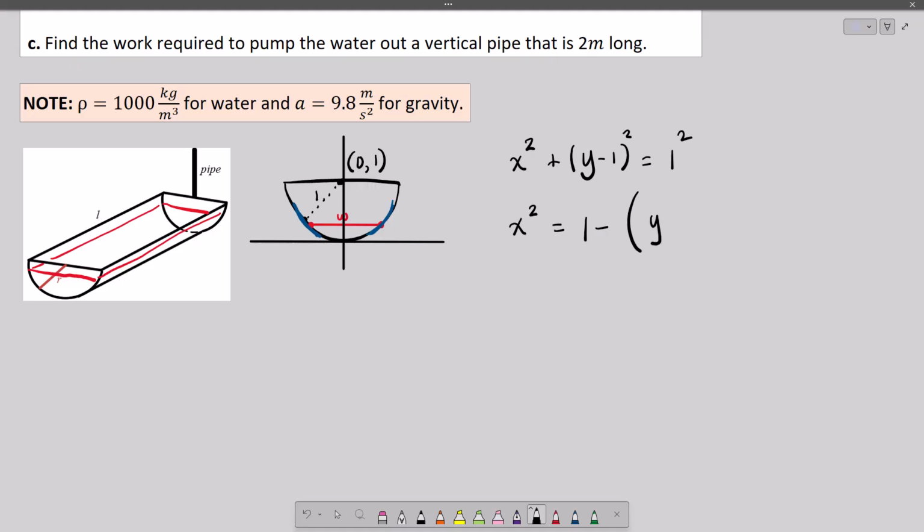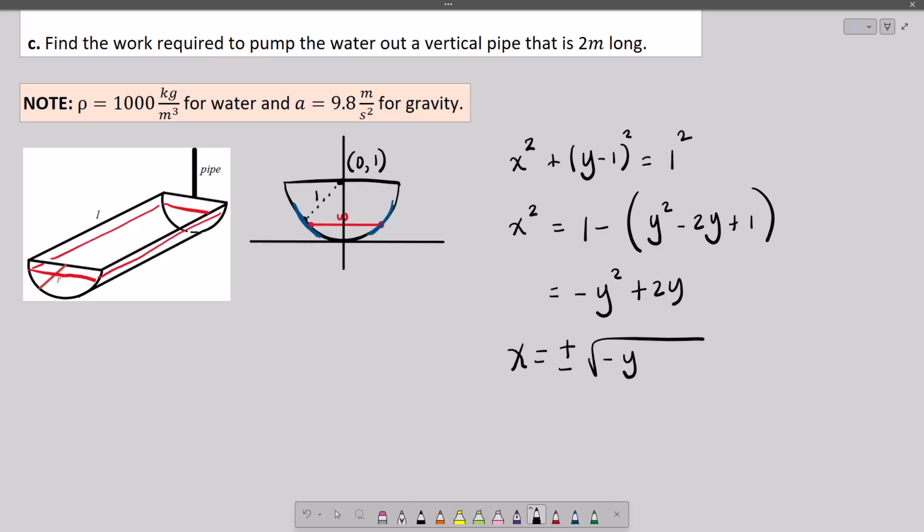And I'm going to square out this thing here with the y's. And when we square that out, we simplify it and get that. So we get x equals plus or minus the square root of this. The right edge here is going to be x equals the positive square root. The left edge is going to be x equals negative square root.